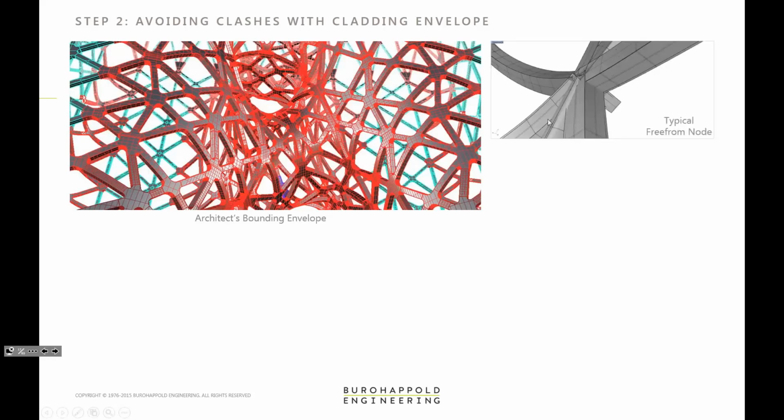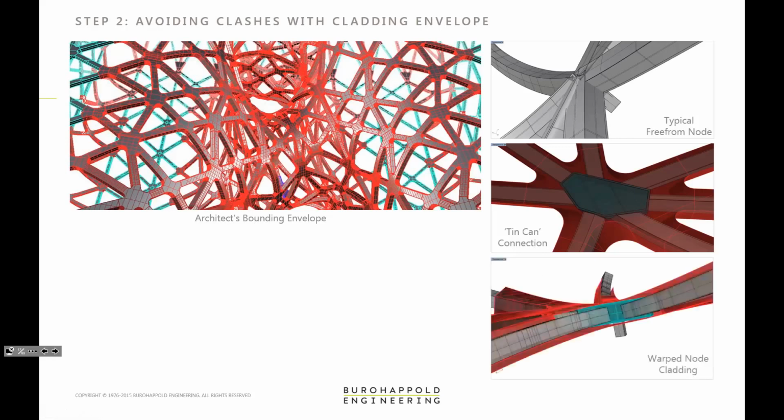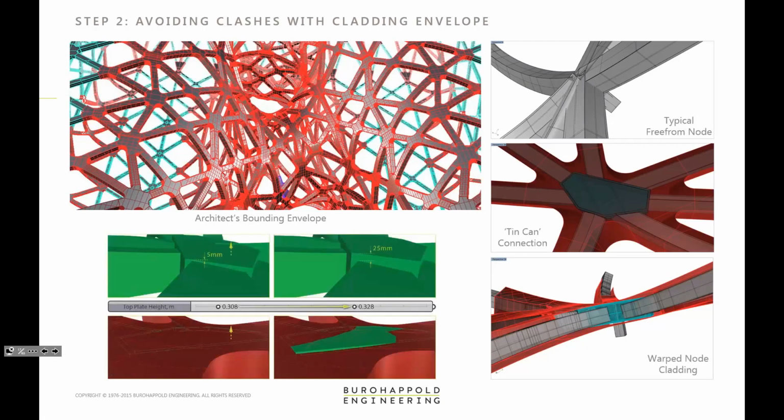If you look at this as a typical free-form node, this is the kind of connection that we might have put on there. The red is the architectural bounding envelope, and we needed to work out that it didn't poke out. One interesting thing is that the members coming in are singly curved. The cladding coming in is doubly curved, simply because of the manufacturing processes.